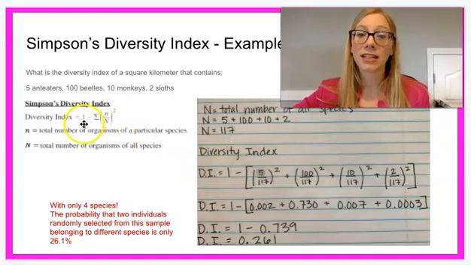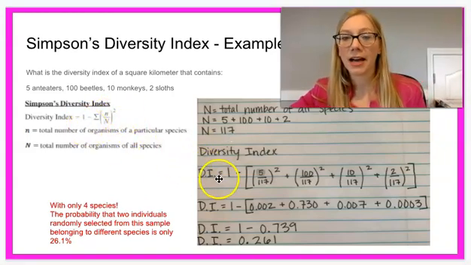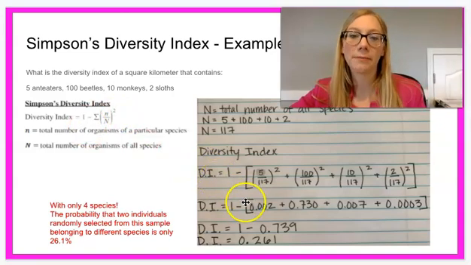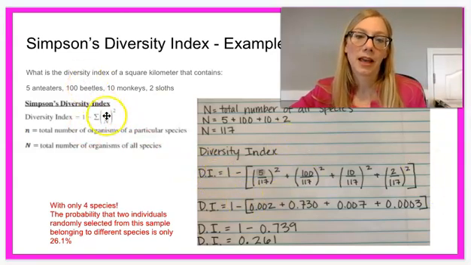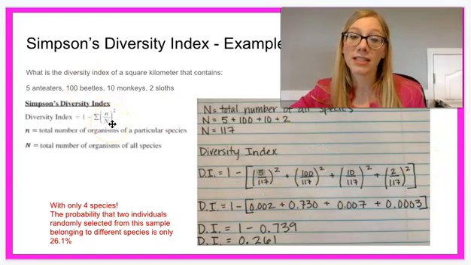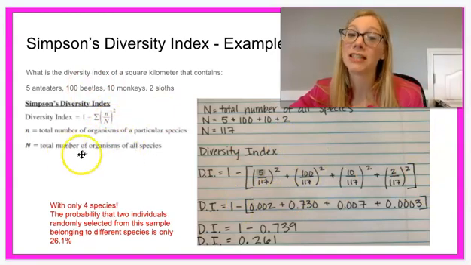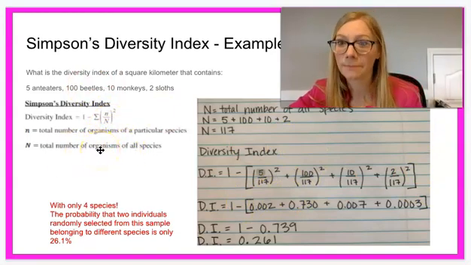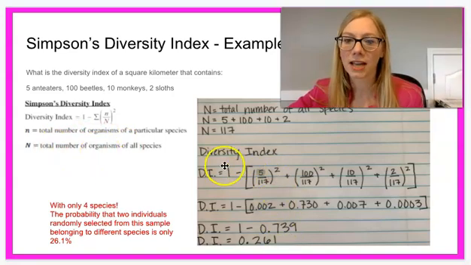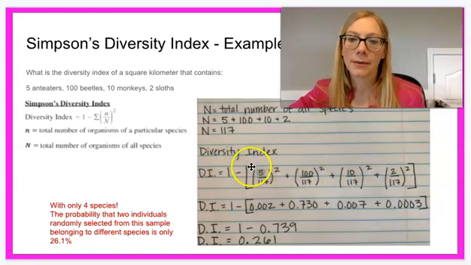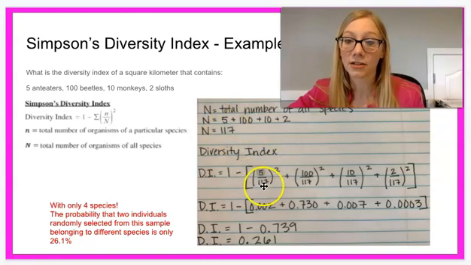Now, my equation tells me I take 1 minus the sum of the total number of a particular species divided by all organisms, squared. So here's what that looks like. I do 1 minus, and I put brackets because I'm going to do everything inside of this bracket first. My first one, there are 5 out of 117.